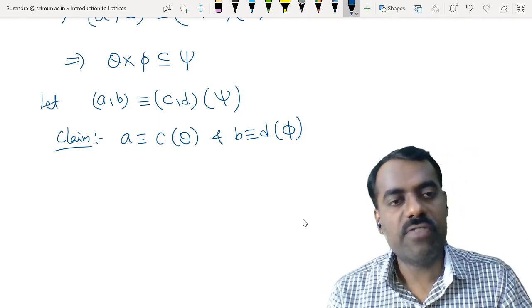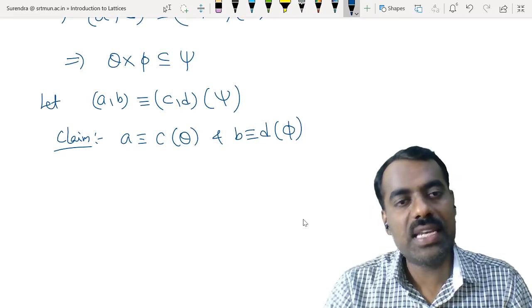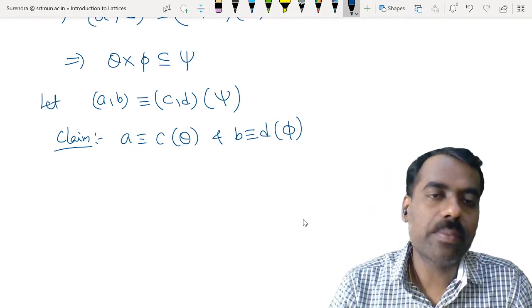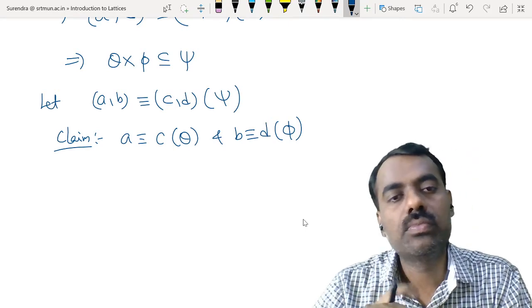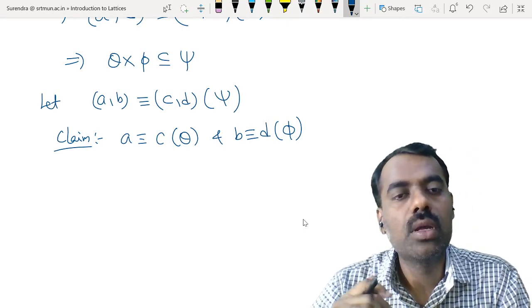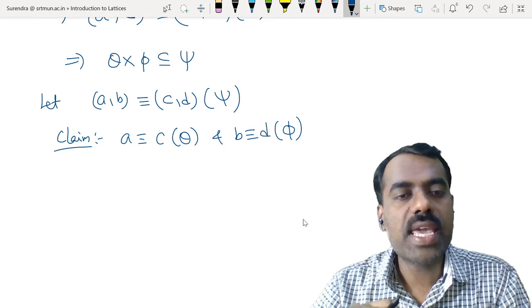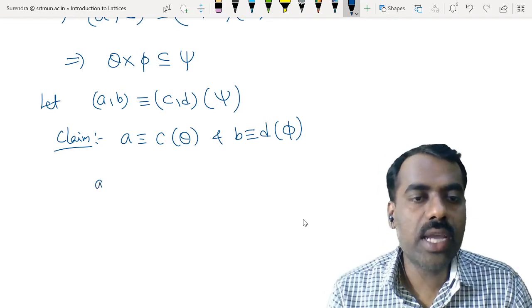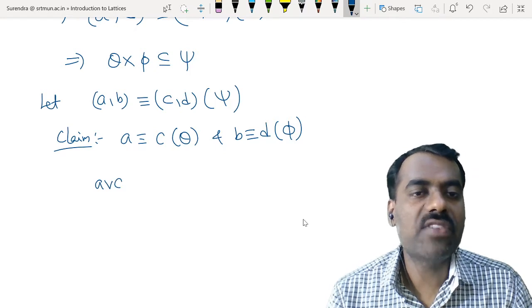So that the first coordinate will be the same as a, and here it will be the same as c, and the second coordinate is the same. So what will we take here? We take a join c, because I will try to meet with that.